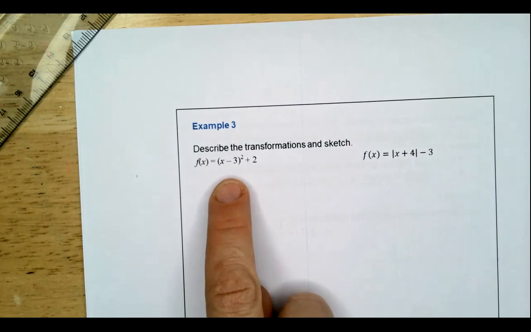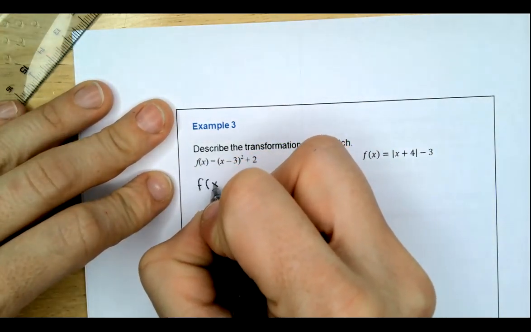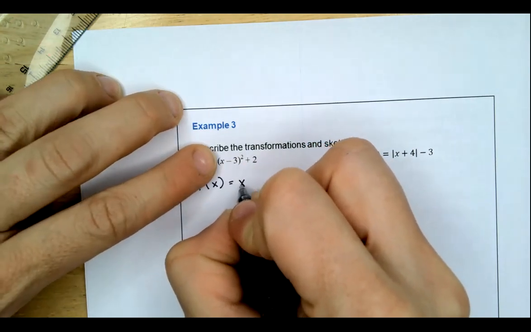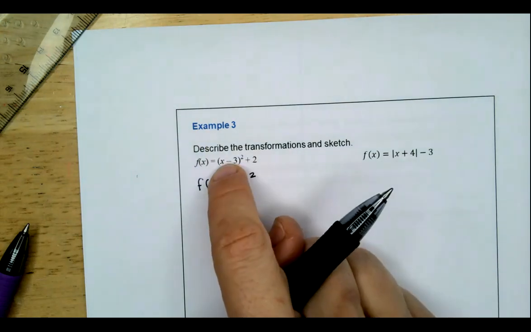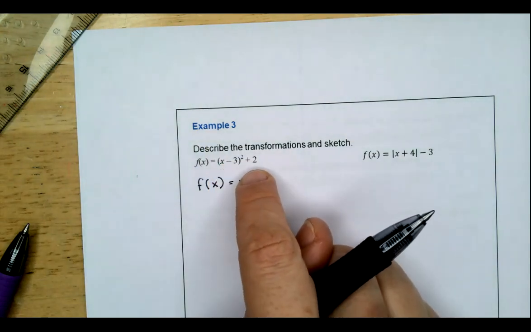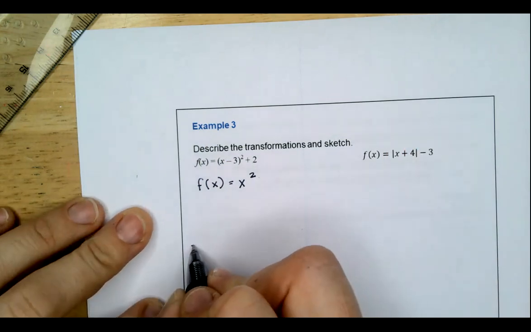Decide what your parent function is. Our parent function is f of x equals x squared, because we have x squared, and then we subtract 3 inside the parentheses and add 2 outside the parentheses. So my parent function looks like this.